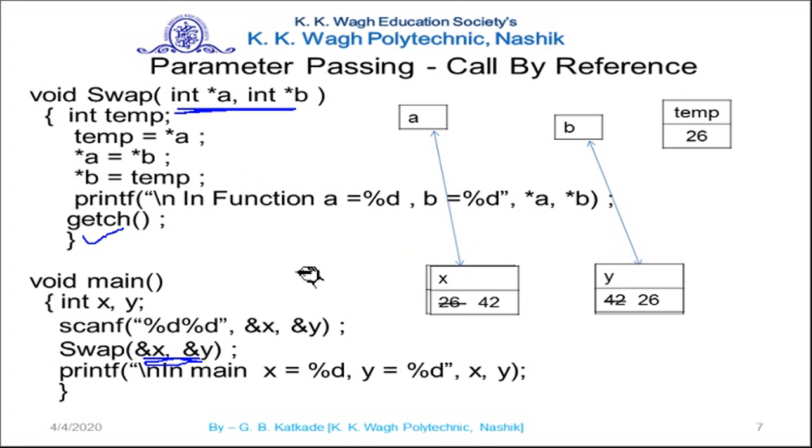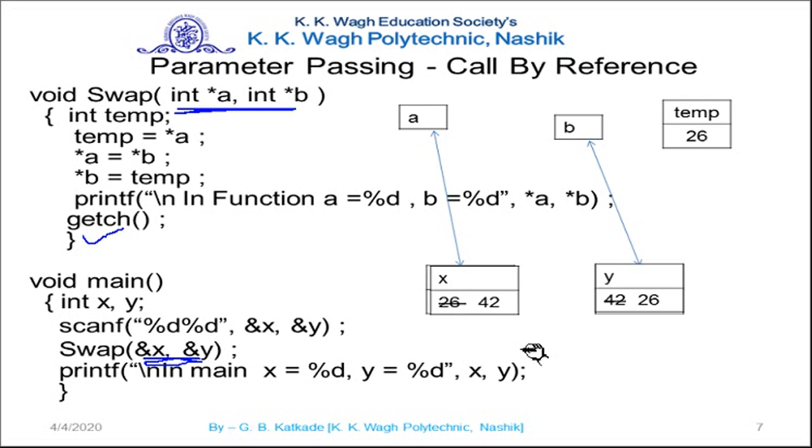Now what is the effect of this? When I come back to the function main, the value of x is updated to 42 and the value of y is updated to 26. Indirectly the two values are exchanged, and we are getting the modification back in the calling program.